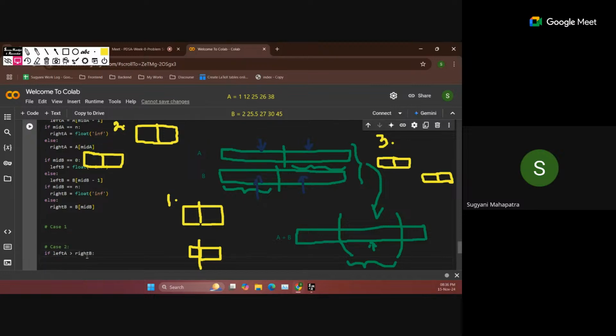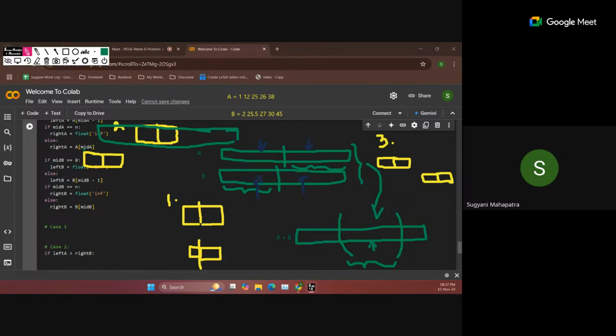In this scenario, what will happen? Where will our middle element lie? So this is my A, this is my B, sorry, it's of the same size, no?